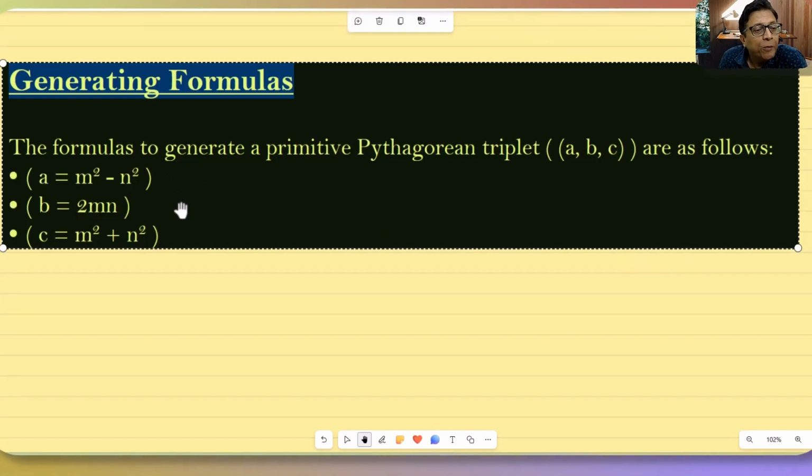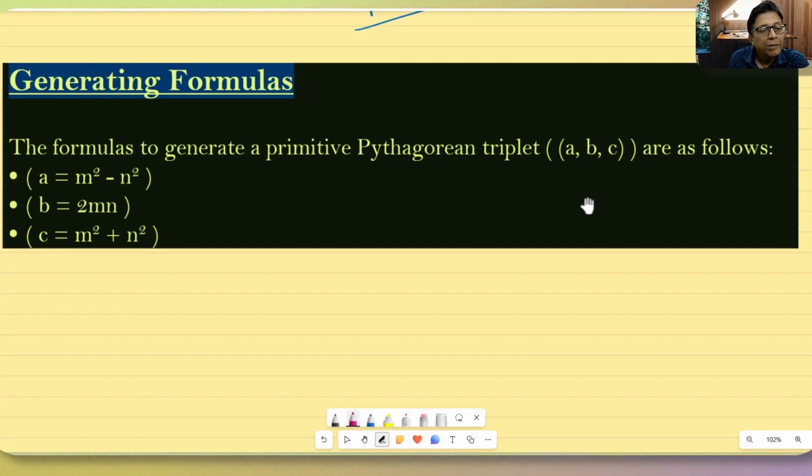The generating formula for primitive Pythagorean triplet A, B, C is given by A equal to m square minus n square, B equal to 2mn, and the value of C equal to m square plus n square. But never forget to mention the condition over there: m and n are coprime, m greater than n.